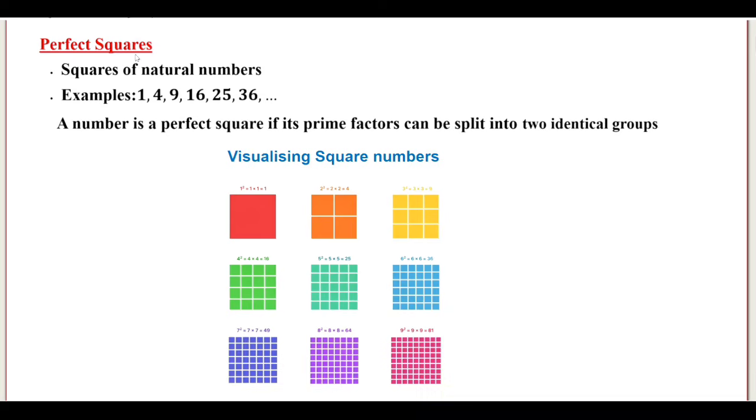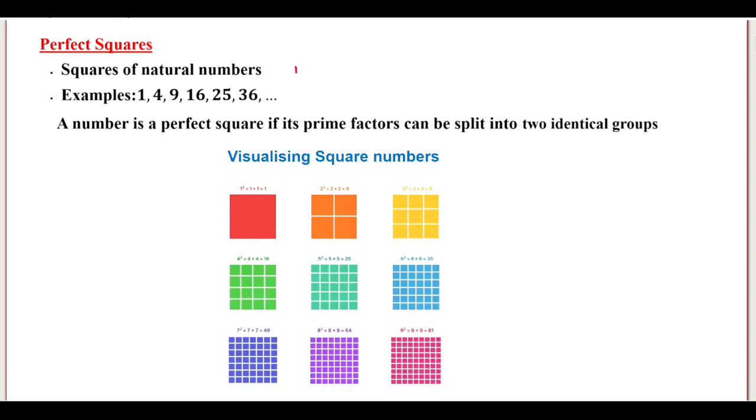Next one is perfect squares. What do you mean by perfect squares? A perfect square is nothing but the square of a natural number. Before that, you must know what a natural number is.